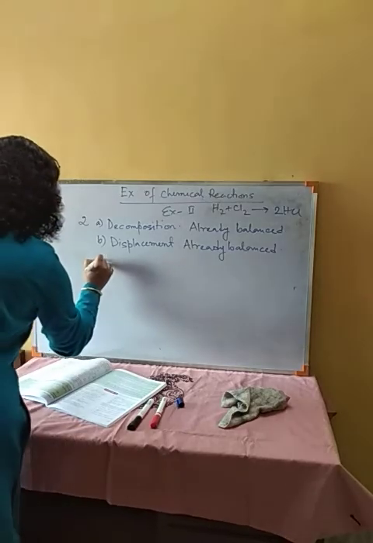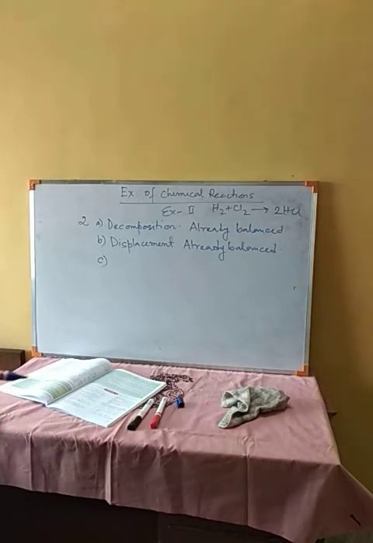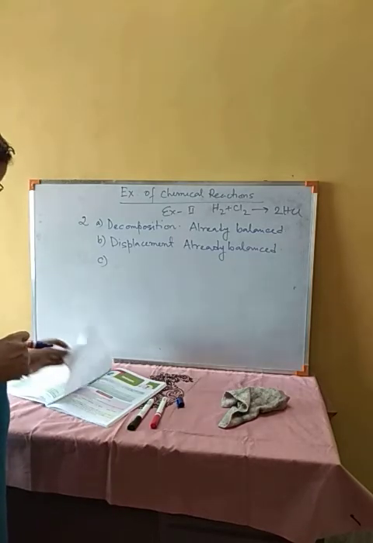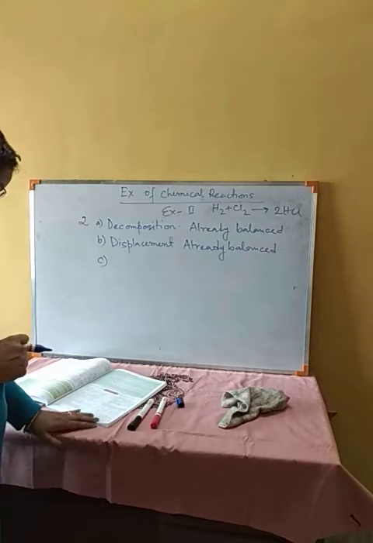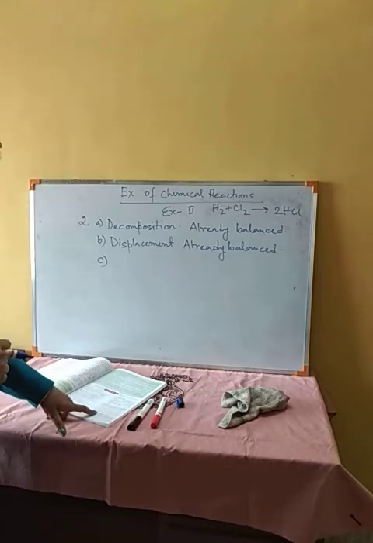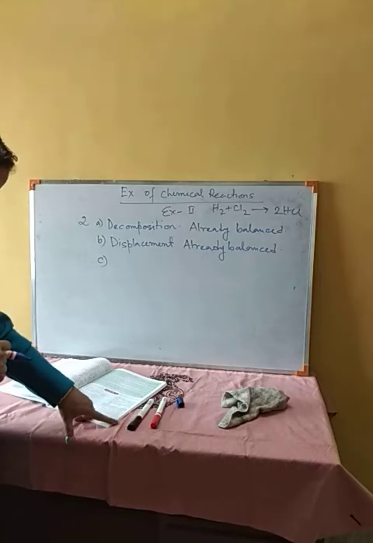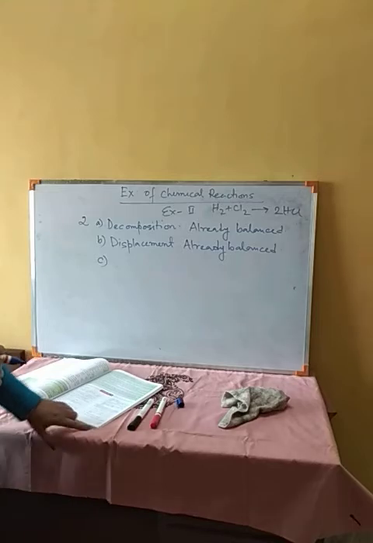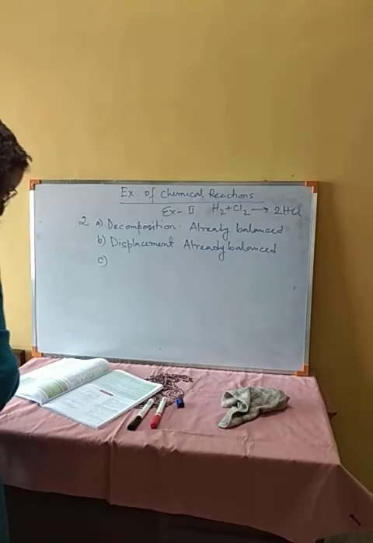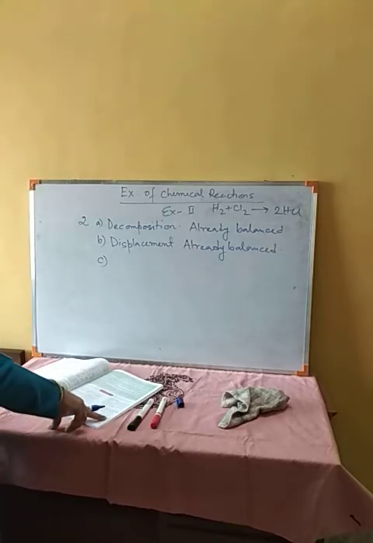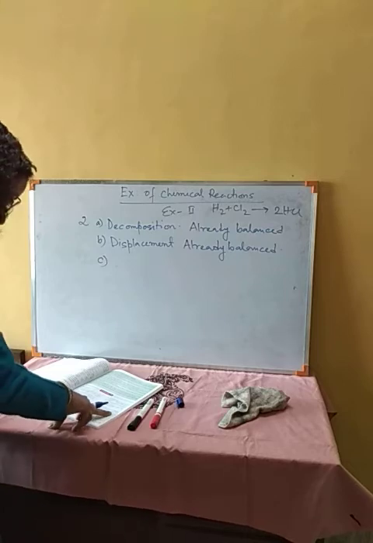Next, question number C. Silver nitrate plus sodium chloride gives AgCl plus NaNO3. You can call this a precipitation reaction, as silver chloride, AgCl, is obtained as a precipitate. It can also be called a double displacement reaction, but here it is not given in the options.